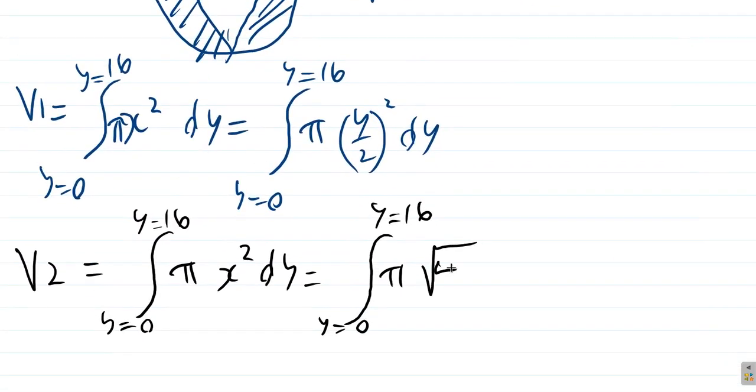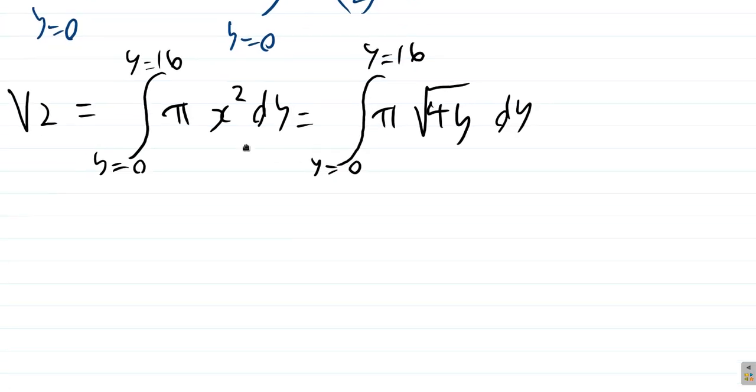The square root of 4y dy. But let's simplify this a bit. So volume 2 is equal to the integral from y equals 0 to y equals 16 of pi. But remember now, square root of 4 is 2.